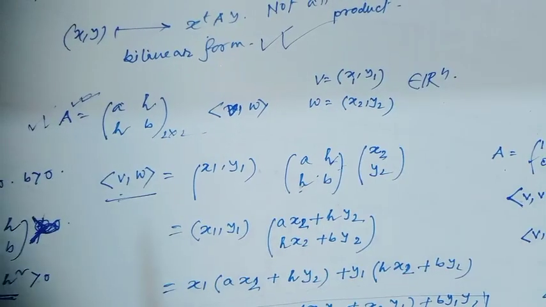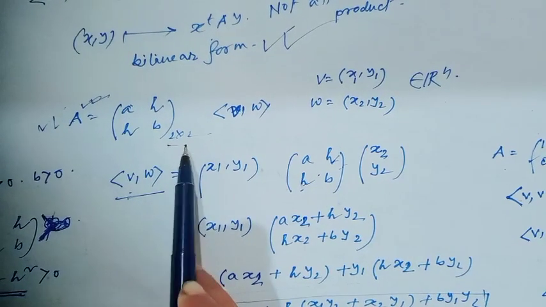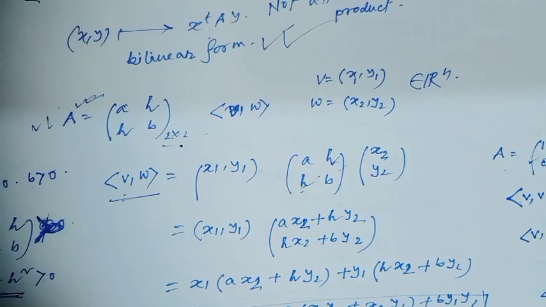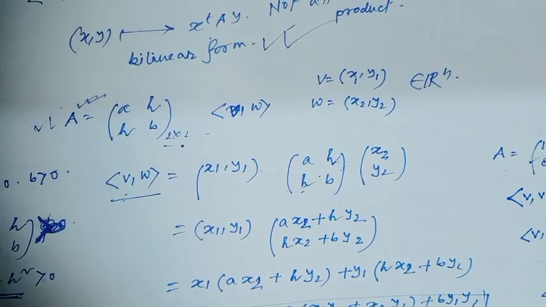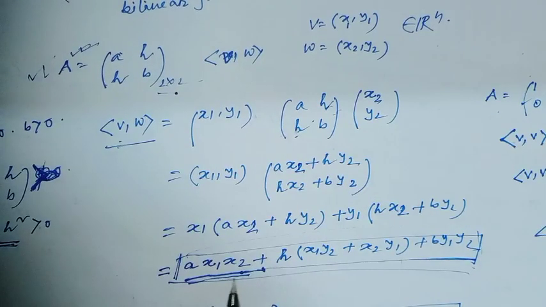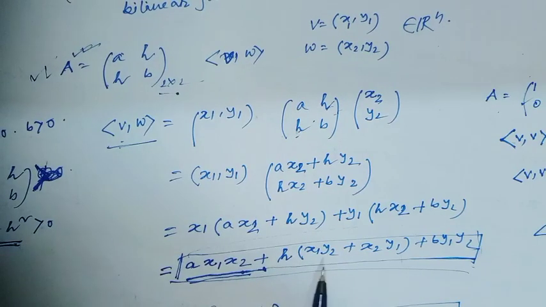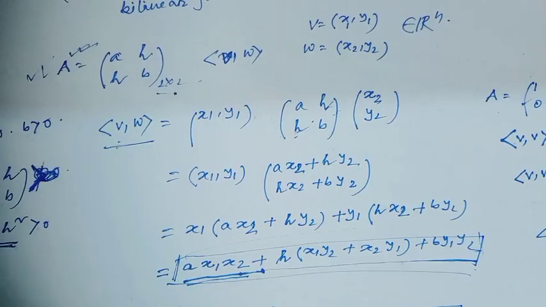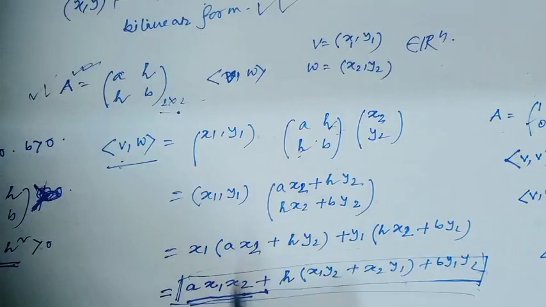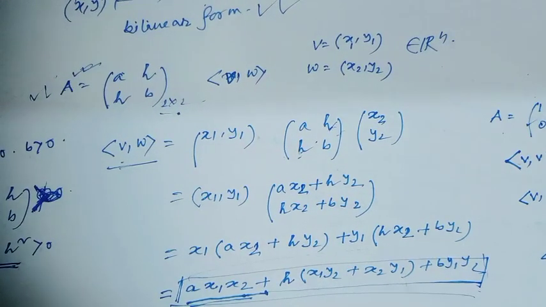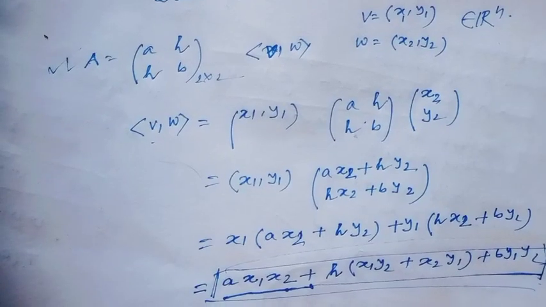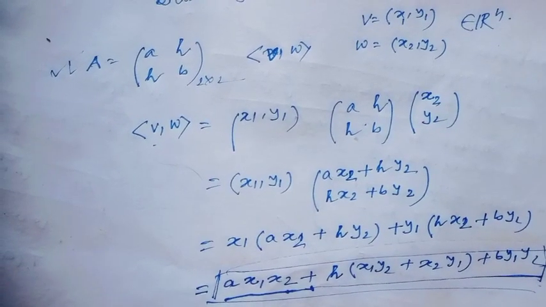All of us know, if A is a 2 cross 2 matrix which is symmetric, whose form is such type, then any quadratic form is written as a times x1 x2 plus b times x1 y2 plus x2 y1 plus c y1 y2. Have you understood this concept? We all know this. And we all know any positive definite bilinear form is always an inner product.